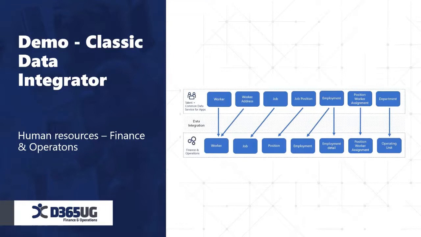But also, like I mentioned, it's a one-direction synchronization with classic data integrator. I'll get to that later. But this is the schema, and it explains the template for the integration.